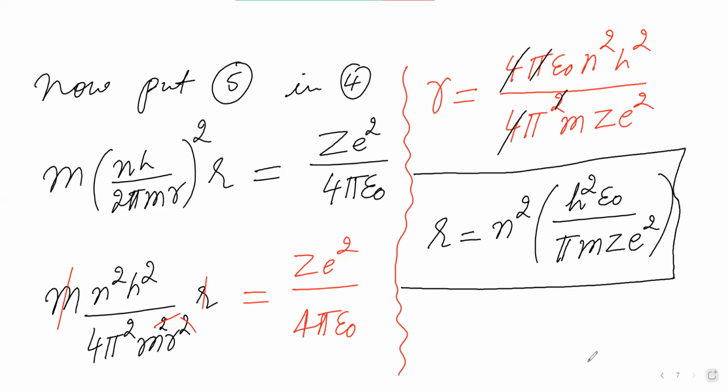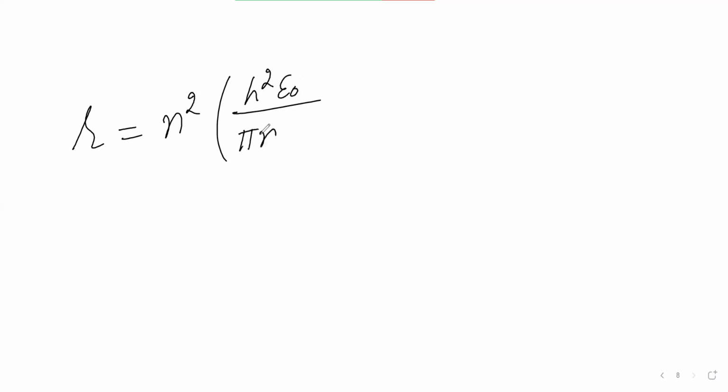Still, furthermore, we can simplify. Let me call this a star, I mean to say the important main expression. Next, R equals n square into h square epsilon naught whole divided by pi m e square. Correct?